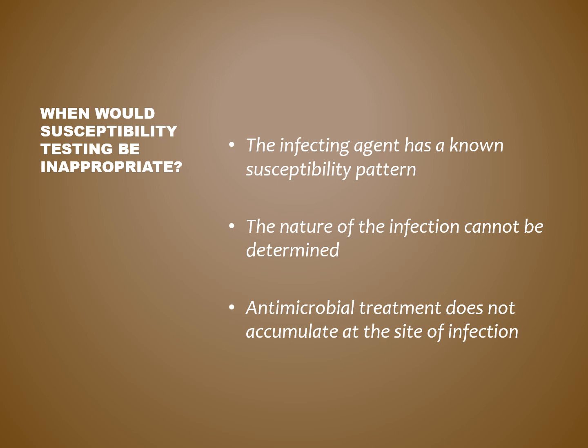If we can't determine which organism is the cause of the infection, then we can't do susceptibility testing. If our antimicrobial treatment does not accumulate at the site of infection, in other words, if levels are never high enough to get into the synovial fluid or cross the blood-brain barrier, then it is inappropriate to test susceptibility in those types of situations.